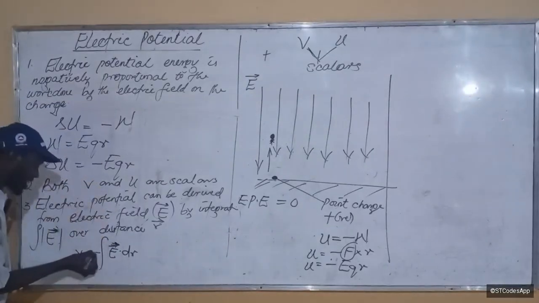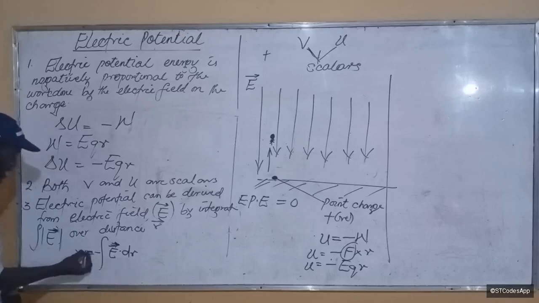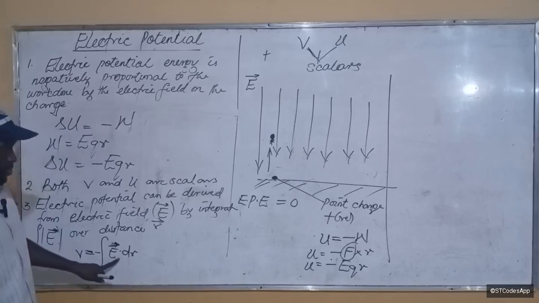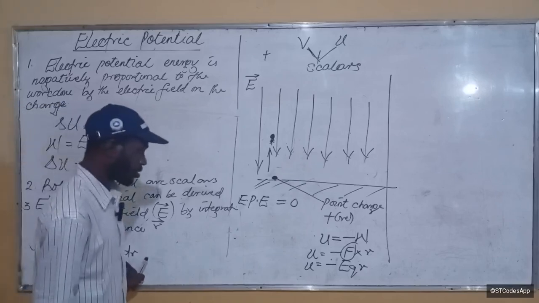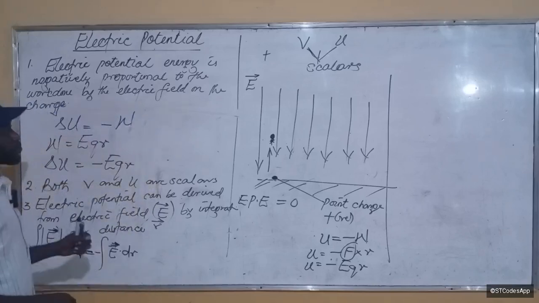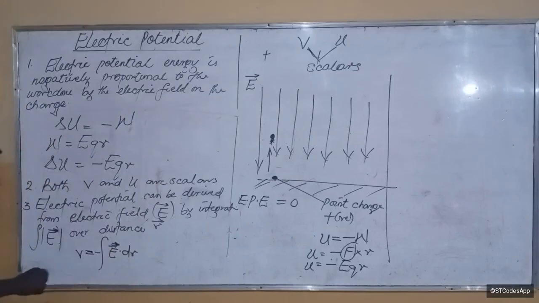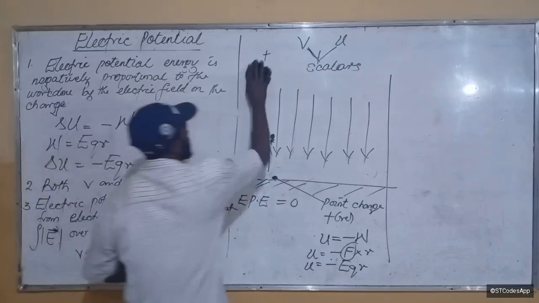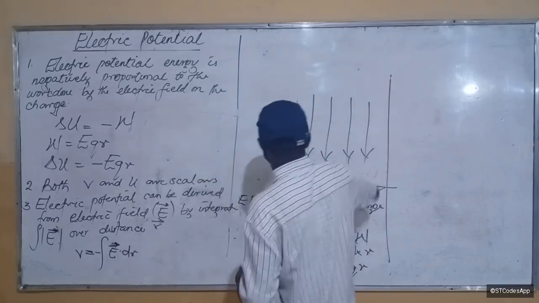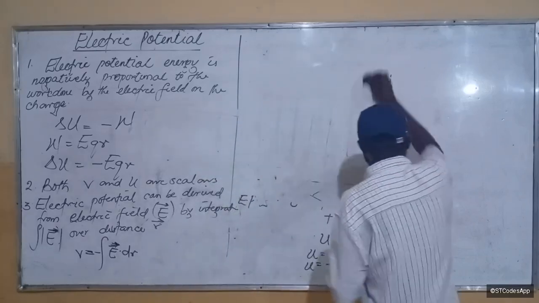But remember, it's going to be negative E dr. Okay, I've not shown you this before. I didn't show you that electric potential is directly proportional to the distance. Let me put that here.